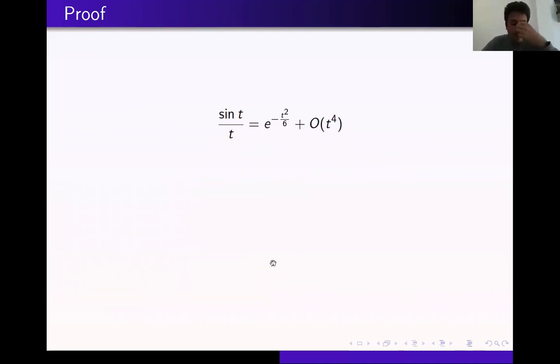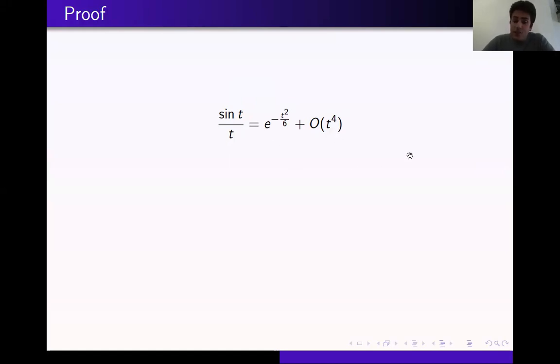And I observe now the following. The function sine of t over t has a Taylor expansion that coincides with the one of e to the minus t squared over 6 for every degree up to the 4th degree. So they are pretty similar.